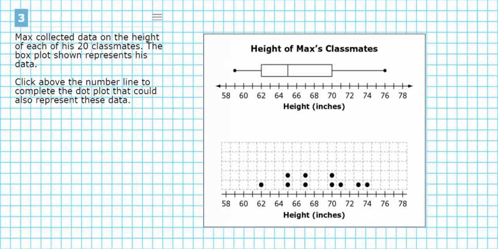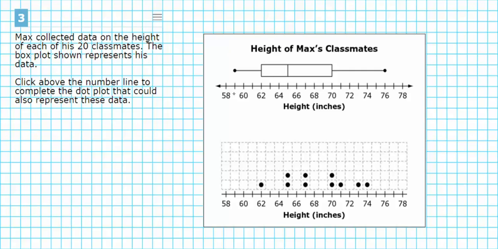Okay, in order to complete this, we just have to approach it in a systematic fashion. First thing we want to do is take a look at the extremes: the maximum, the median, and the minimum. This one is complete, and this is incomplete, so we want to complete it using this as a guide.